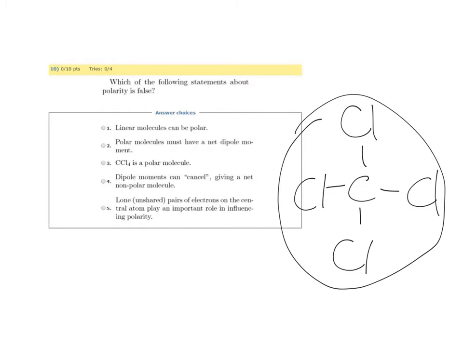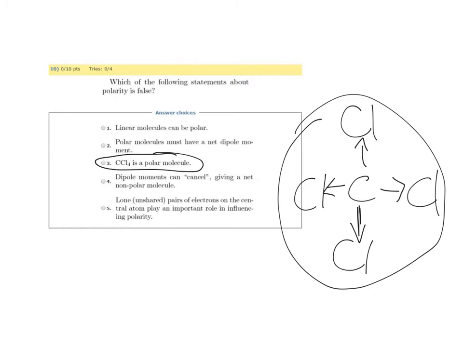So any molecule that is symmetrical cannot be polar, because even if there is a dipole moment, if there's a polar region, all of the dipole moments, which in this case would look something like this, are going to cancel each other out because they're all going in equal but opposite directions. So CCl4 cannot be a polar molecule.